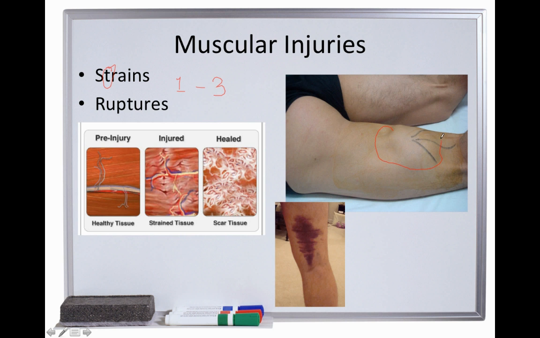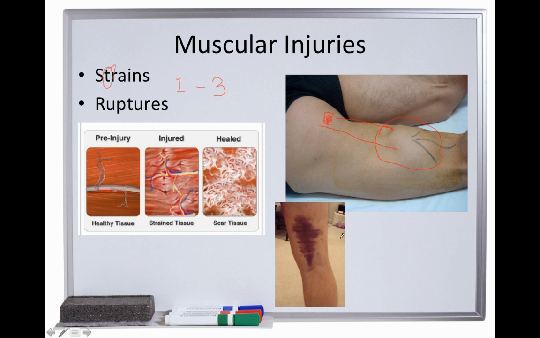This wad of muscle here should be extending up along the leg. They had a rupture somewhere, maybe at the ischial tuberosity. That muscle has now crept down because it's not attached where it's supposed to be. So that would be a grade 3 total muscle tendon rupture.